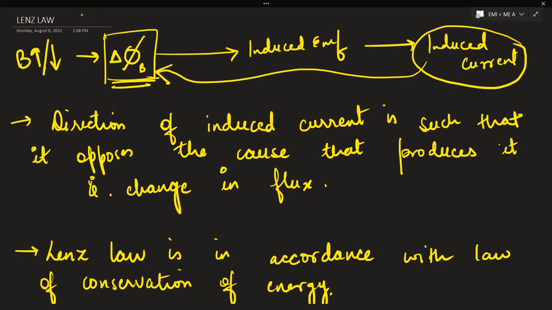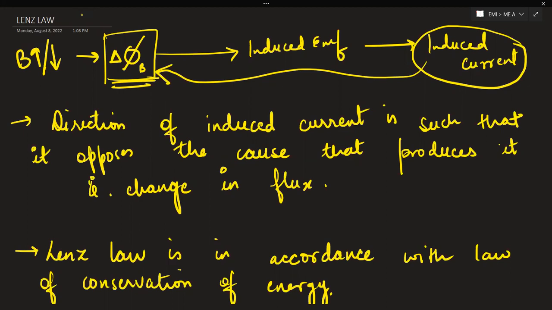Induced current will set its direction in such a manner that total flux decreases. If flux is increasing, it will arrange itself in which manner? So that flux decreases. And if flux is decreasing, then it will arrange itself in such a manner. The direction will be such that the flux will decrease automatically. Right? This is known as Lenz law.